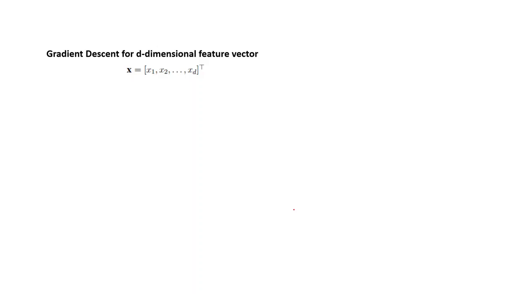In almost all problems, we will be dealing with a d-dimensional feature vector, so there will be d features in your training problem. So what do we do? We were considering f prime x, which was df x with respect to that single feature. So what about the feature vector?